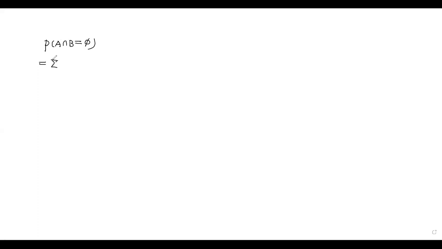So we say the summation of the probability of A intersect B equal to the empty set, given, like we did in the first part, let's see how many elements are in B. So we say given that the number of elements in B is i, times the probability that the number of elements of B is i, where i is from 0 to n.